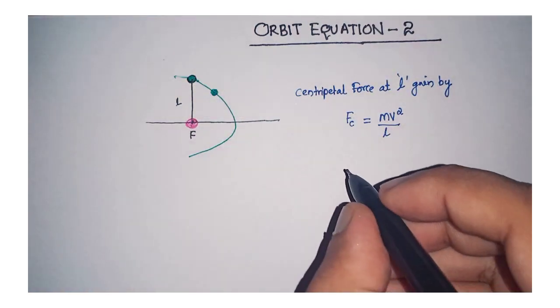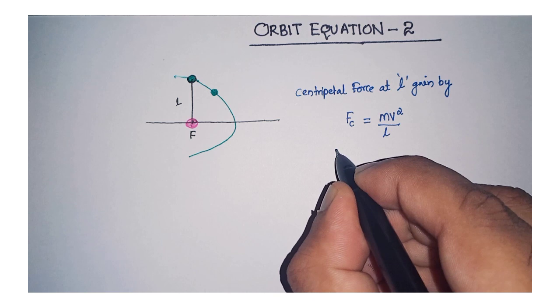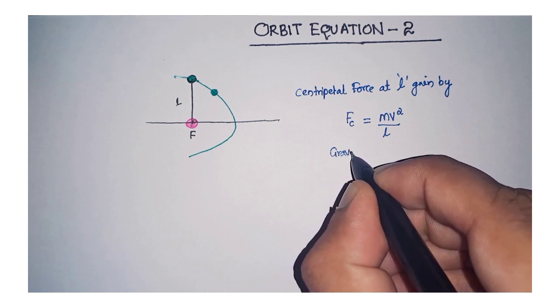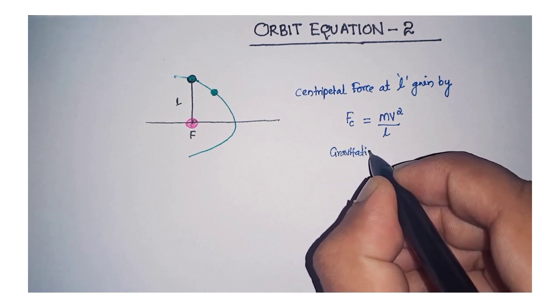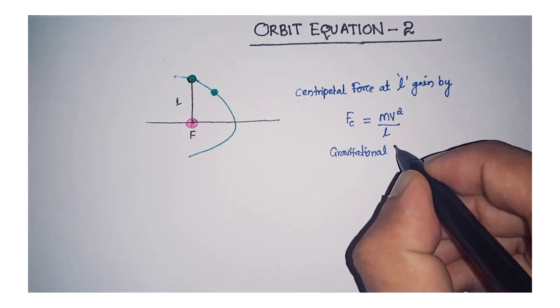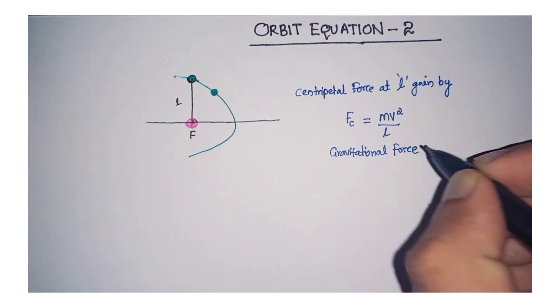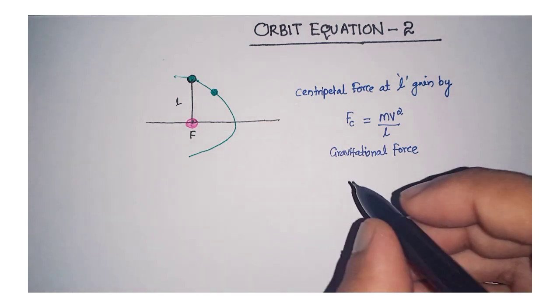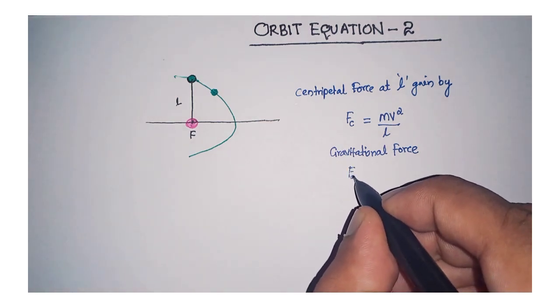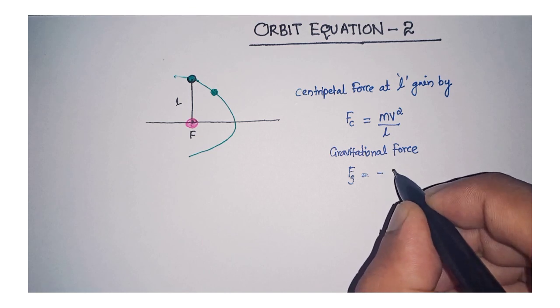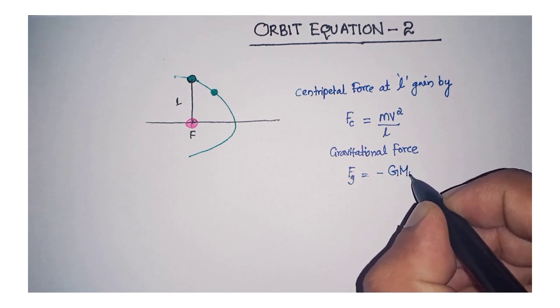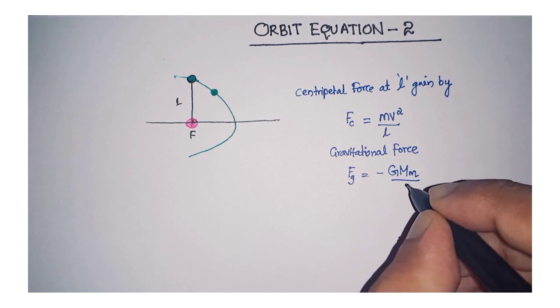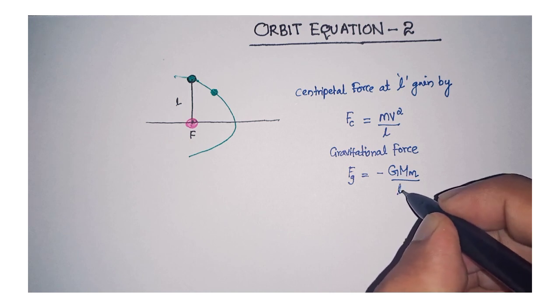Similarly, we go with the gravitational force experienced between the two masses, the pink and the green. Fg is equal to minus GMm divided by, and be very careful here, the distance of separation will be L square.